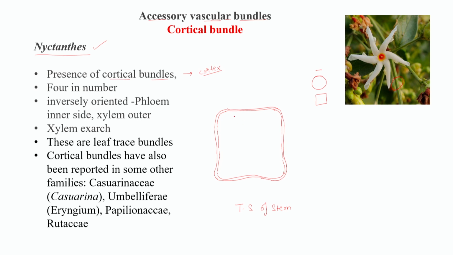Then you will have parenchyma also in the cortex. So the hypodermis will be followed by the cortex. And you will find hairs also, trichomes. Generally these trichomes are found in dicot plants.